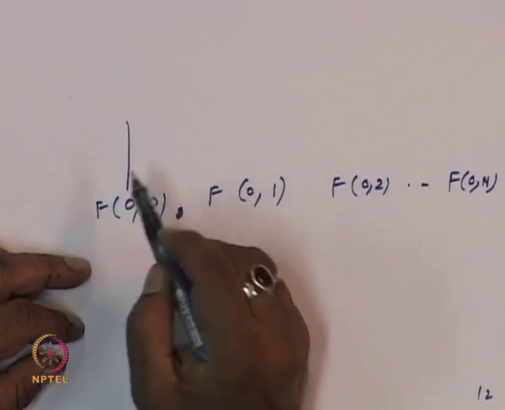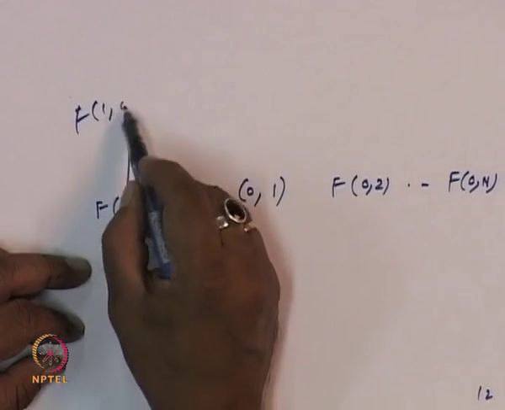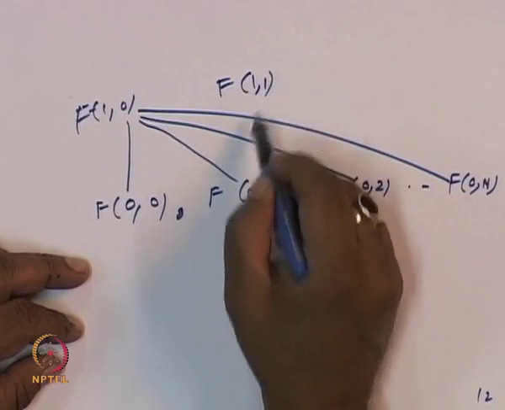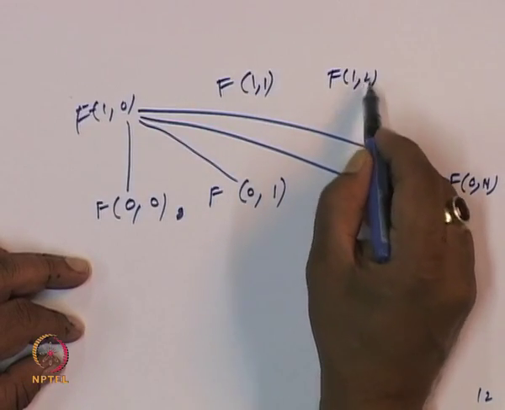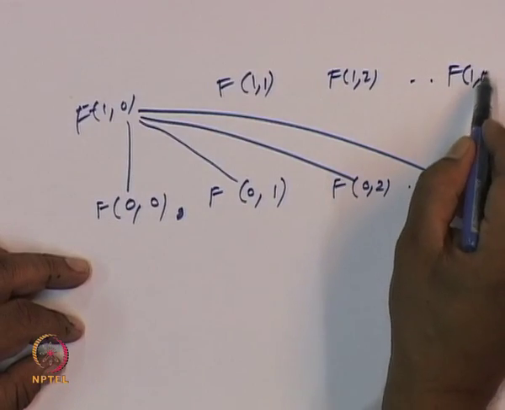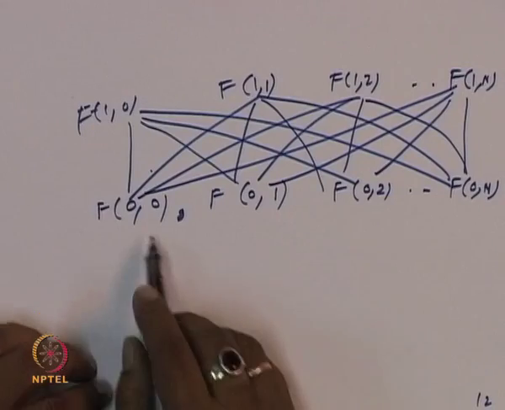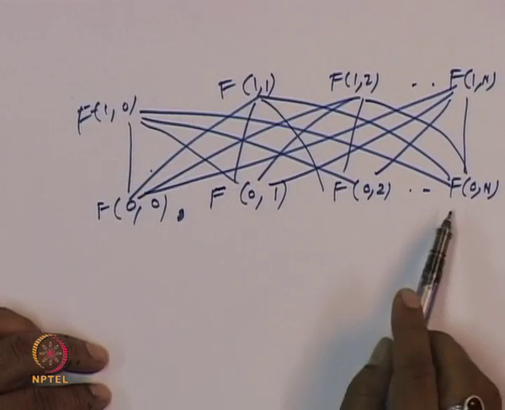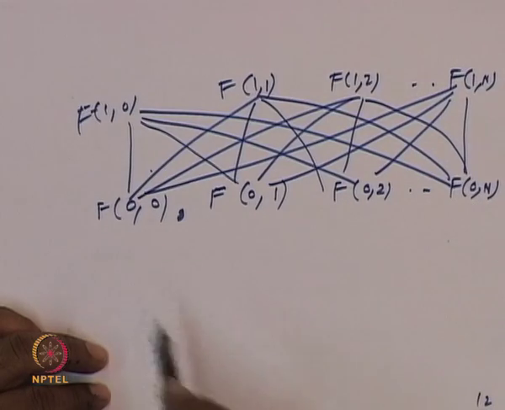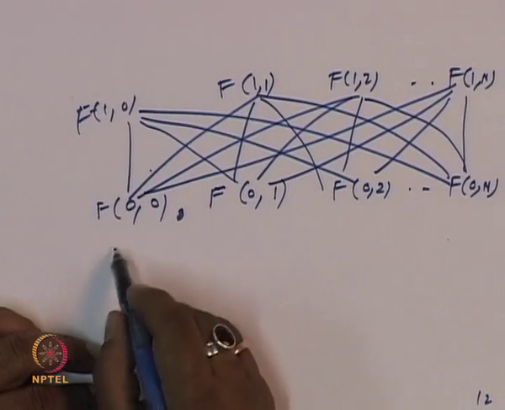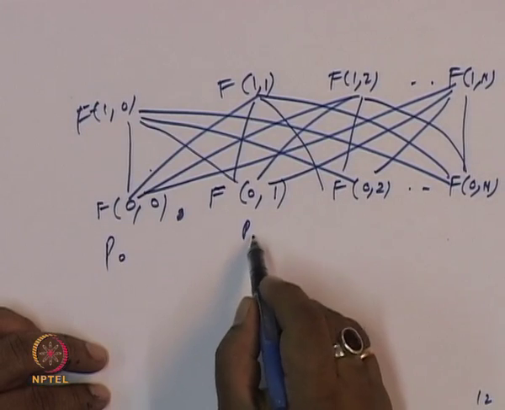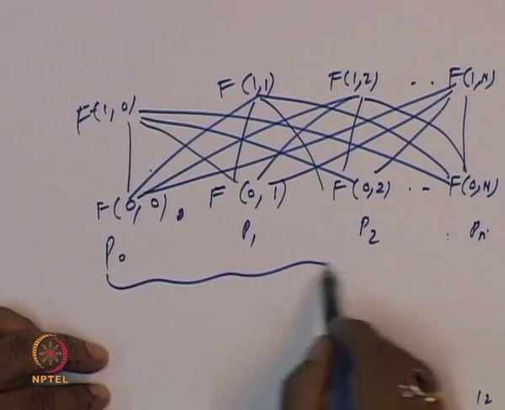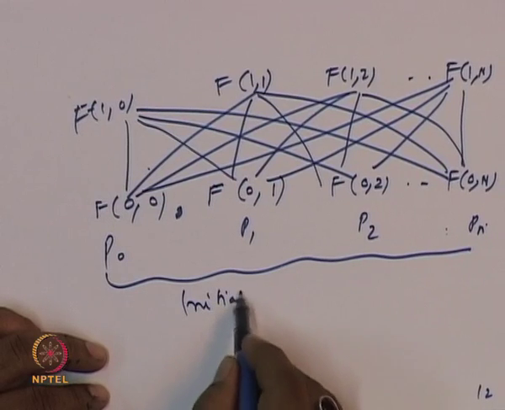And these are used to compute f 1 0, then f 1 1, f 1 2 up to f 1 n. All right. And these quantities, which are the boundary conditions really, are nothing but p 0, p 1, p 2, p n, and these are nothing but initial probabilities.